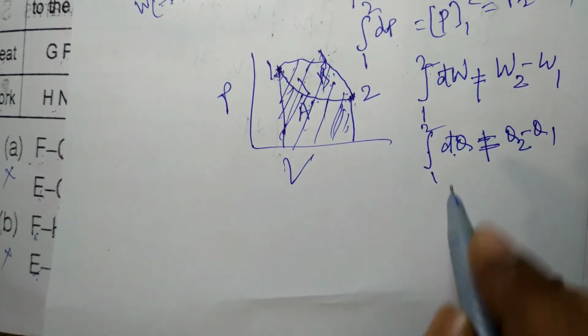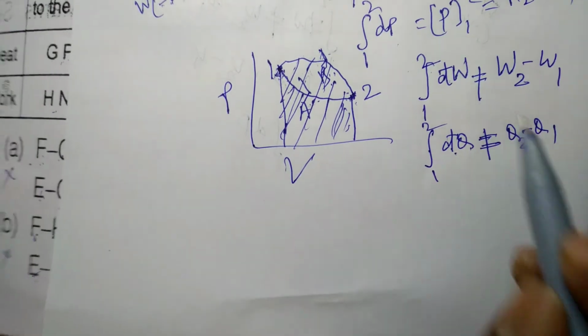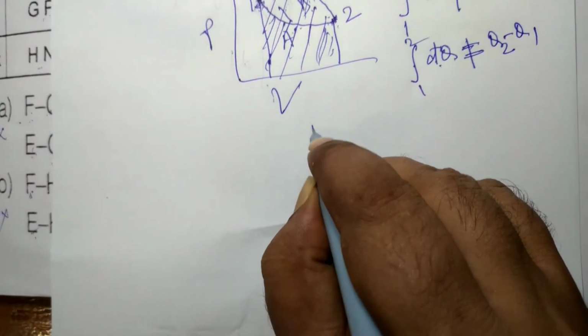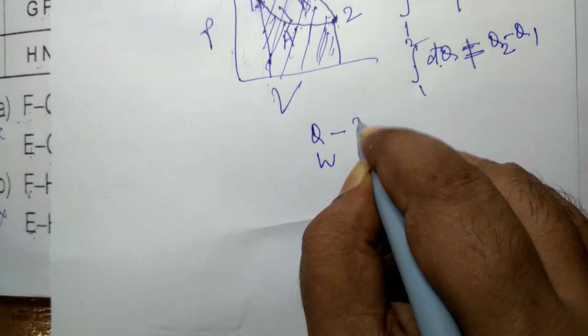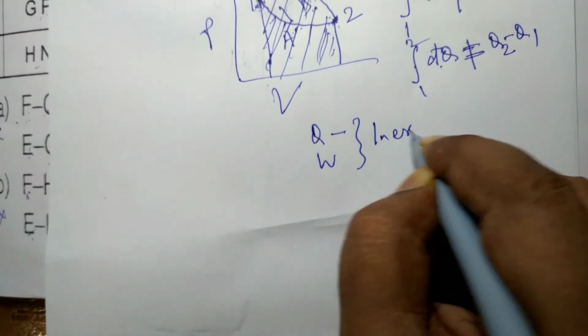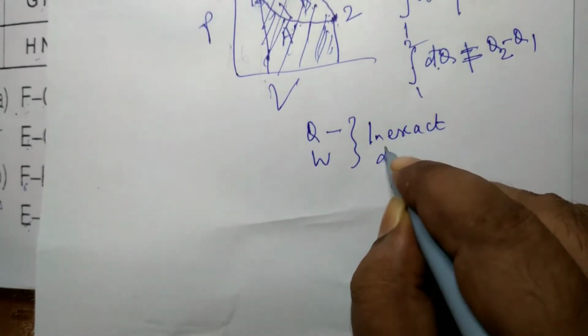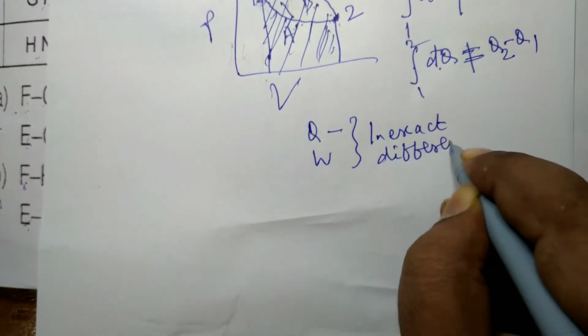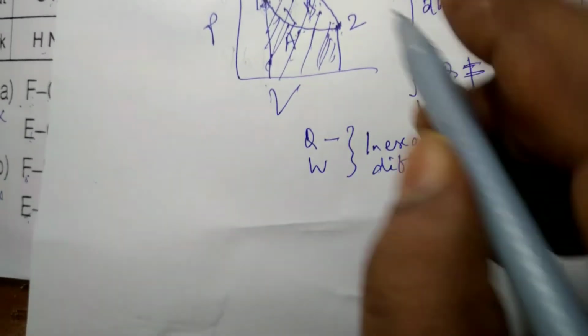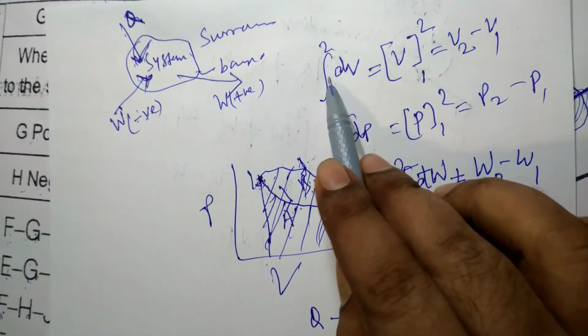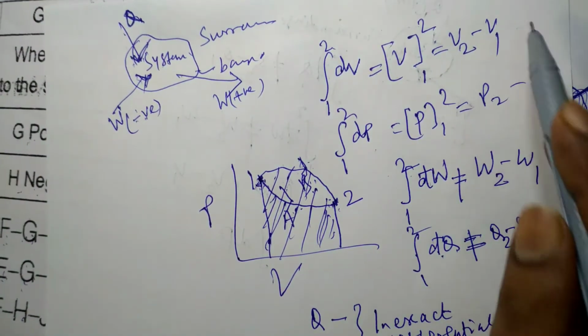So that's the difference between the exact differential and inexact differential. Heat and work are inexact differentials. And all the thermodynamic properties are exact differentials. When we integrate dV, it becomes V2 minus V1.